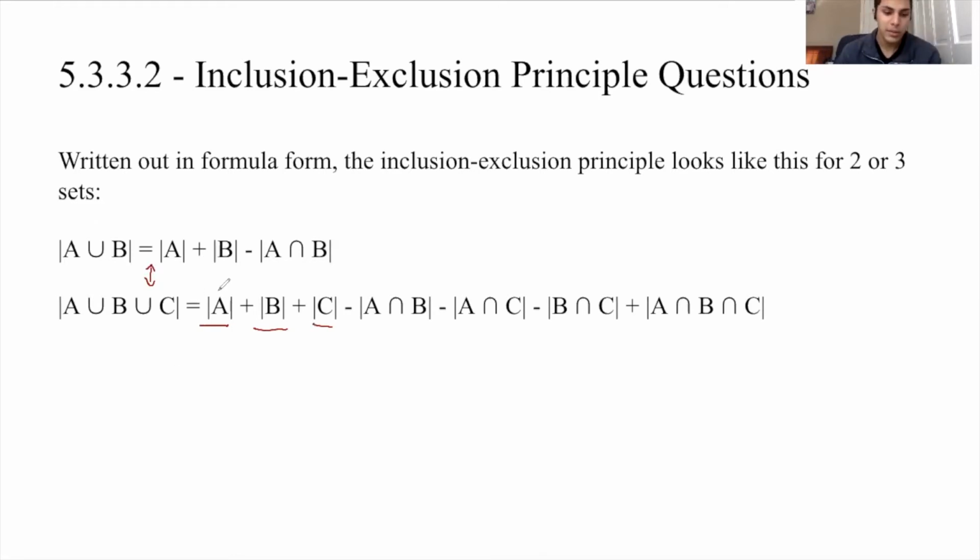So the amount of numbers in set A plus the amount of numbers in set B plus the amount of numbers in set C. Now this is where it gets a little bit more complicated. We already figured out that the reason that we can't just add these and be finished is because we're counting some numbers twice. But actually, in A plus B plus C, we're counting some numbers 3 times as well. And I'll get to that in a sec.